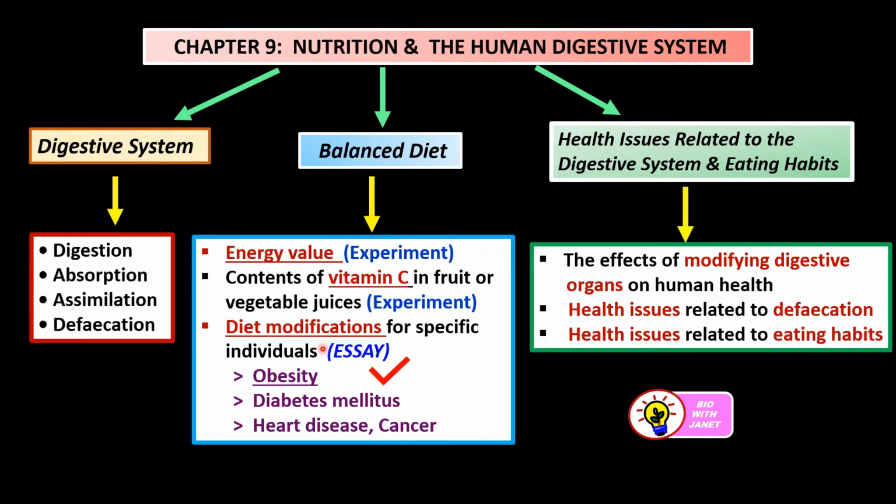Modified from that means you have to change a bit of the foods that are eaten for those who suffer from obesity to help them reduce weight, and also those who suffer from diabetes, heart disease, or cancer. For this video, we'll concentrate on diet modifications for individuals that have this problem of obesity, okay?